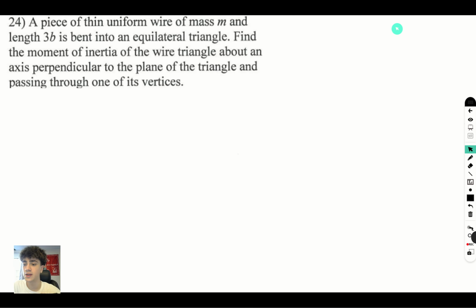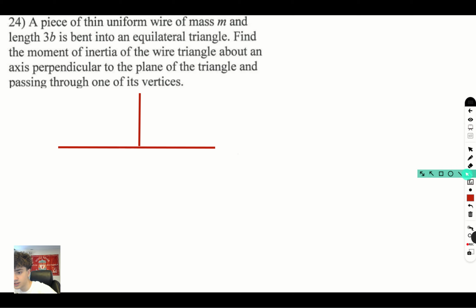Alright, so the first step we're going to want to take is to draw a diagram to get a better visual of the situation. So here we have our horizontal axis and here's our vertical axis, and we're going to draw our triangle right here.